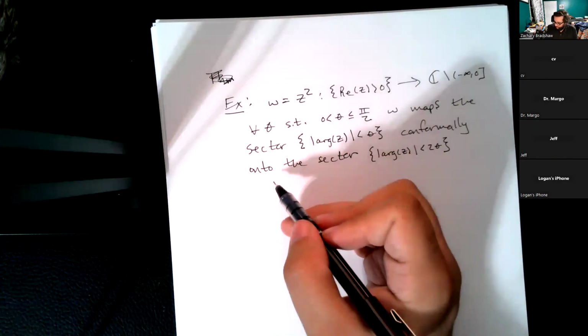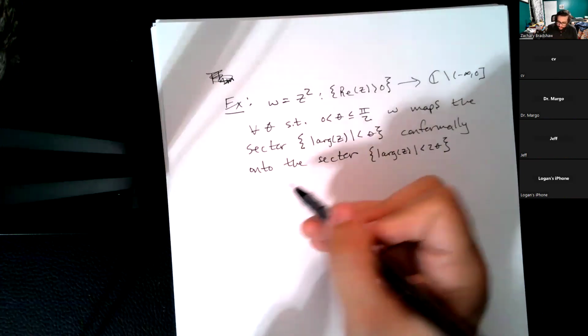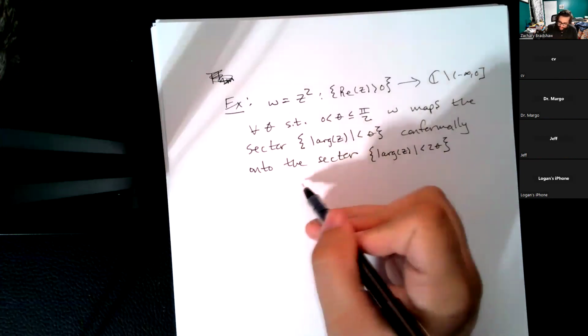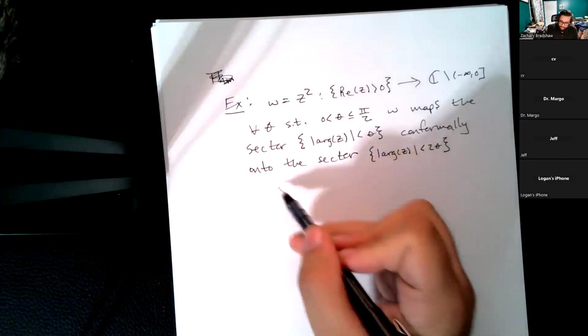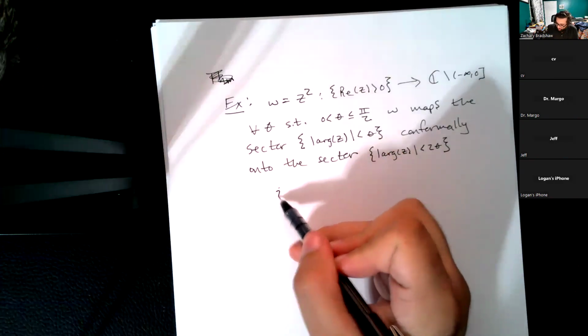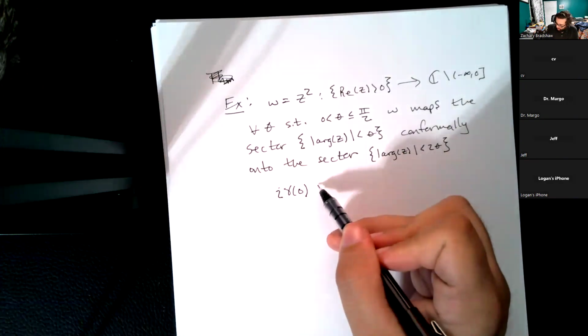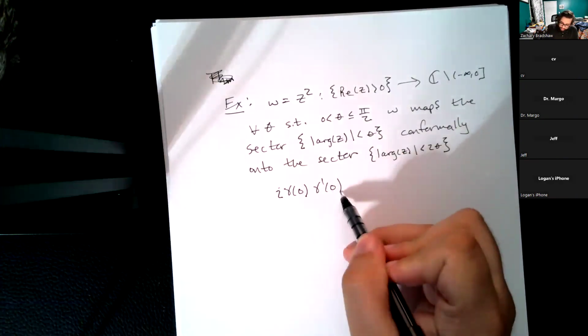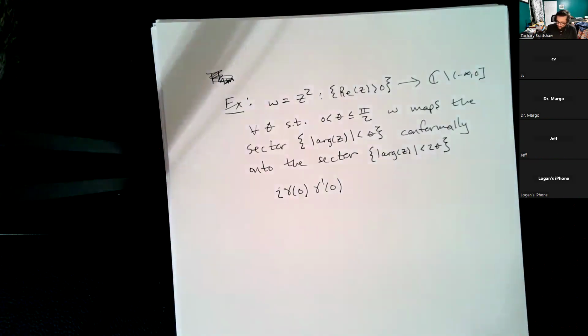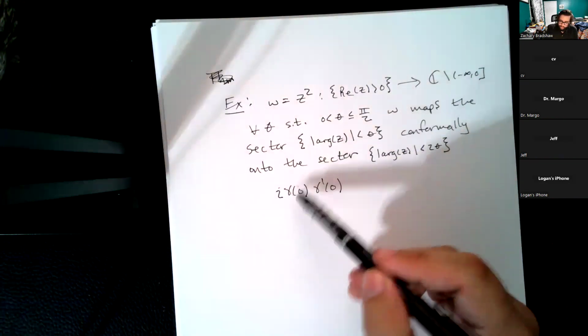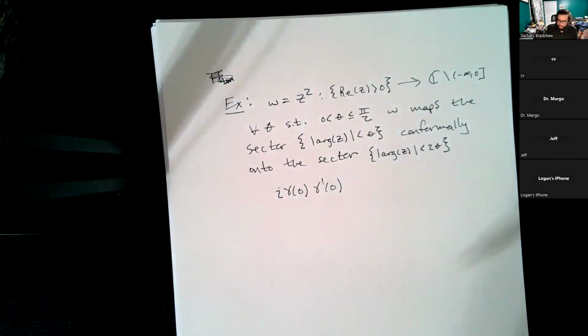Well, we take the derivative, or we use that chain rule formula, right? This tells us that what's the derivative of w? It's 2z, right? So we get 2 gamma of 0, gamma prime of 0, for some curve passing through z0.